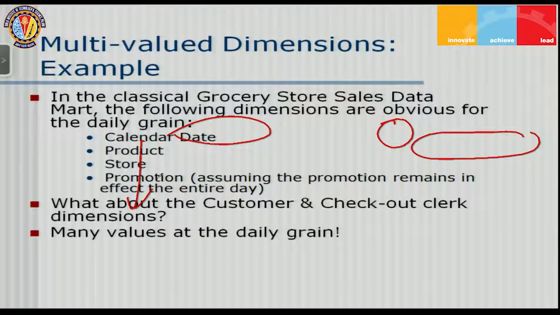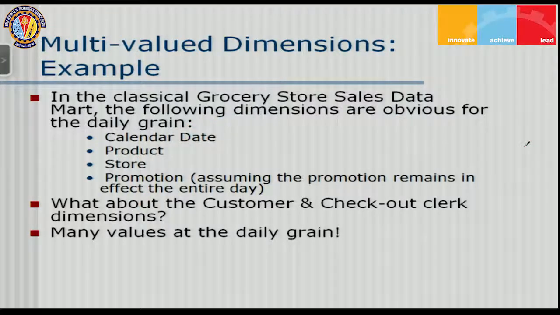Another situation where we can very easily talk about multi-value dimensions is the classical grocery store sales data mart. The following dimensions are obvious for the daily grain: date, product, store, and promotion, right? What about the customer and checkout clerk dimensions?